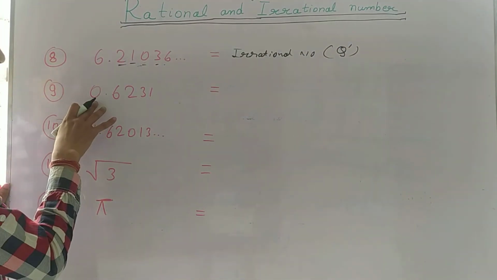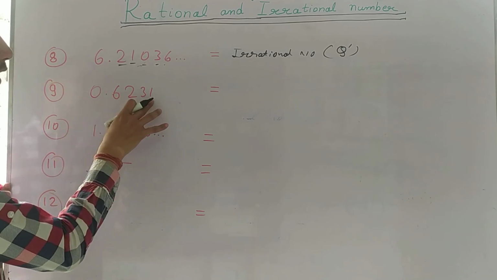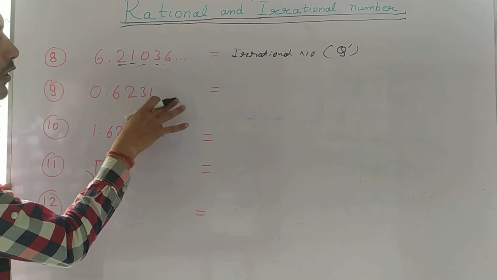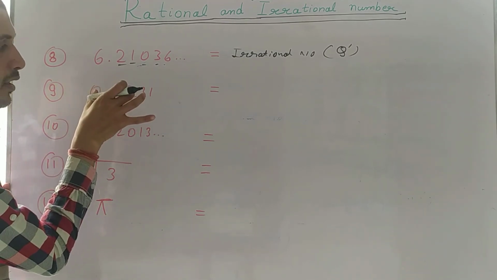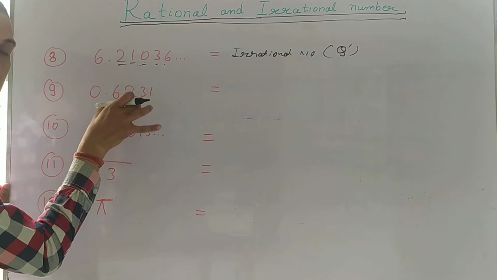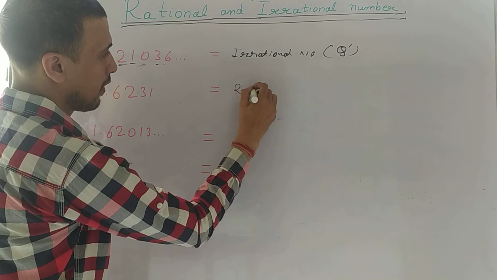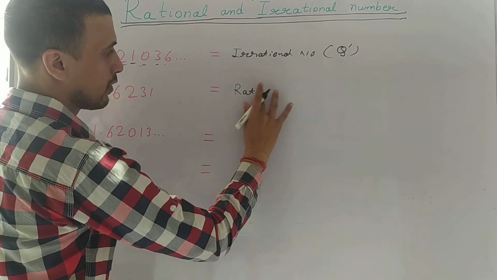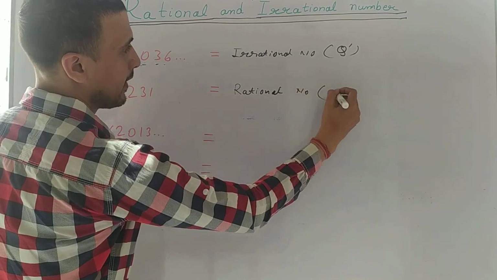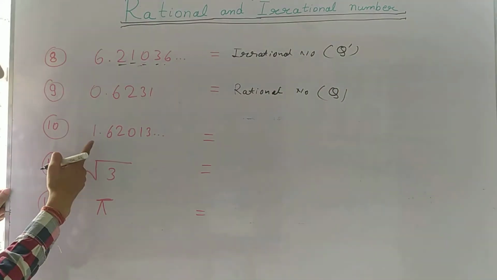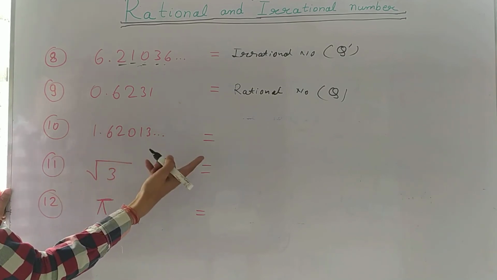Now, the second question, question number 9, 0.6231, and after that there is no dot and no recurring sign. So we can say that this is terminating, and terminating means rational number, Q. Question number 10, 1.62013 dot.